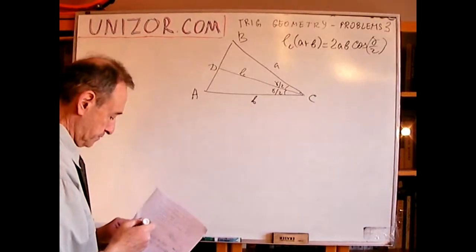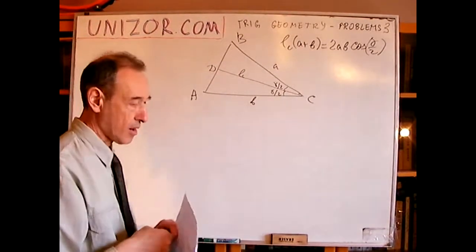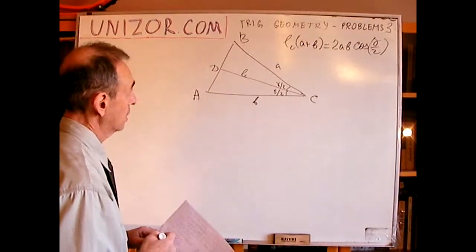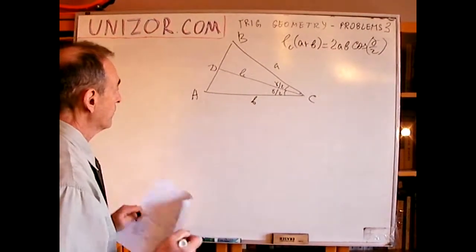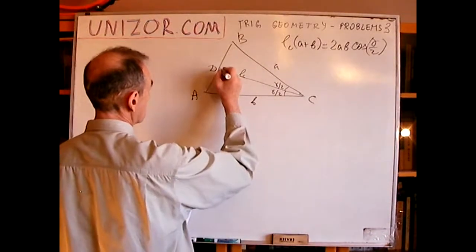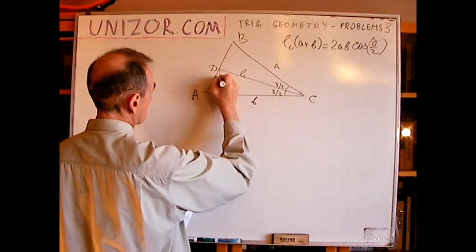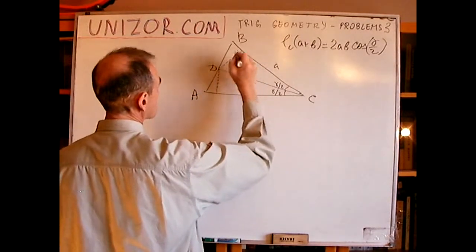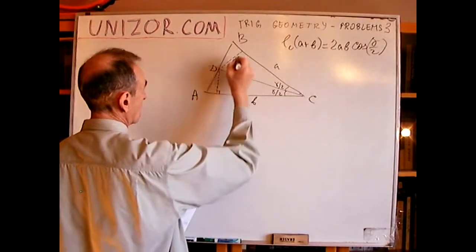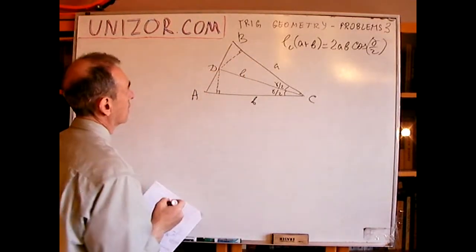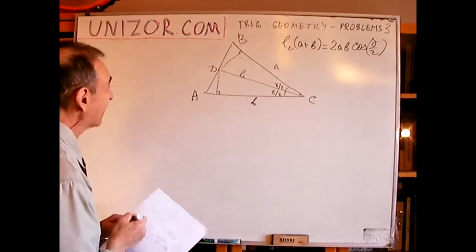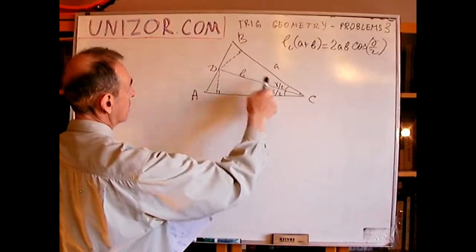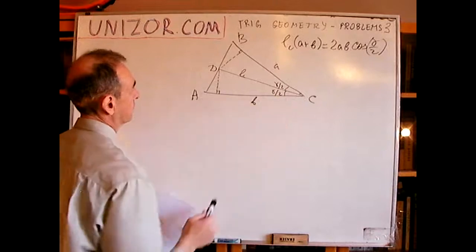Now, actually, I'm sure there is more than one way to prove this particular equality. The one which I have chosen is, let's just have these two perpendiculars as altitudes of triangles ADC and BDC.